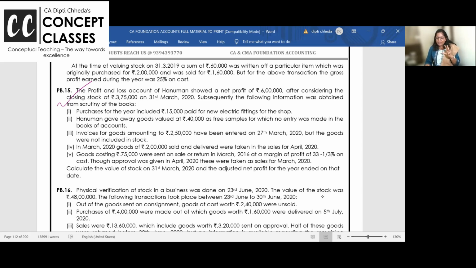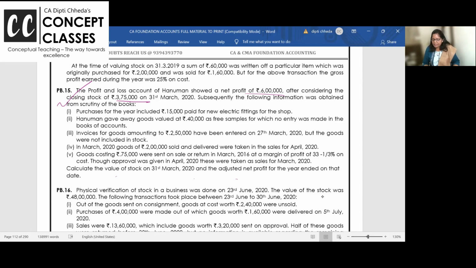Now you will have a full grid. So they have asked you to calculate the correct stock also and adjusted profit. See, profit is given, but if there are some mistakes, can you rectify the profit and show what is the correct profit? Can you do that? Yes? Right. Let us check.